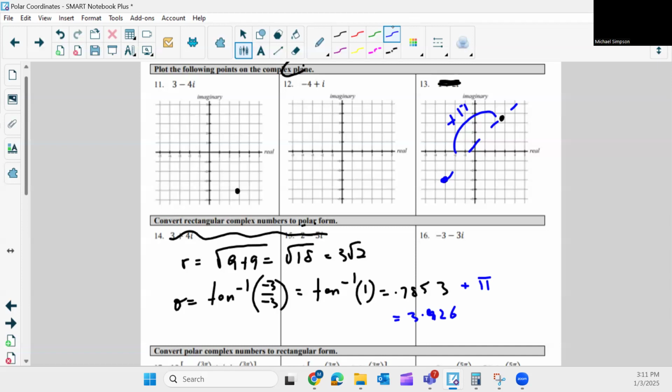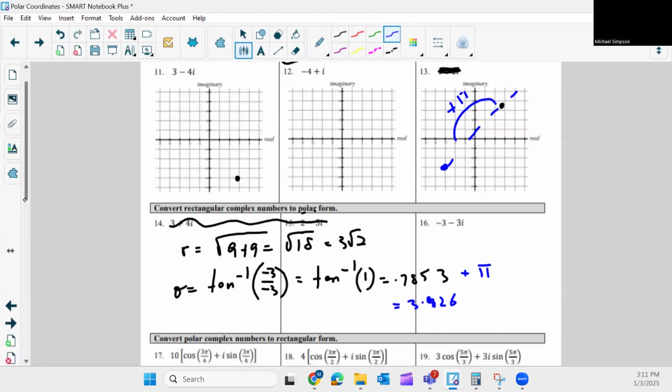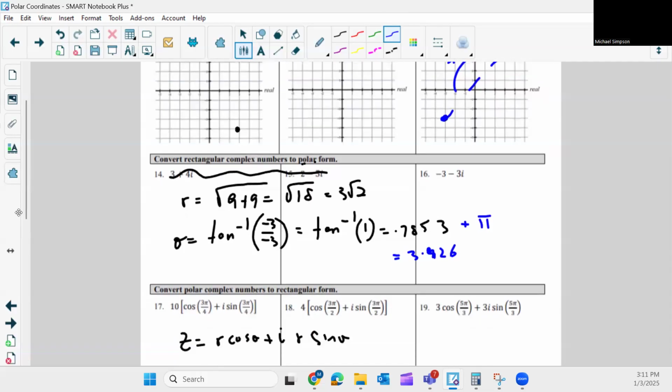All right, so now we have our angle. All we got to do is we have r. What's my r again? R is 3 radical 2.